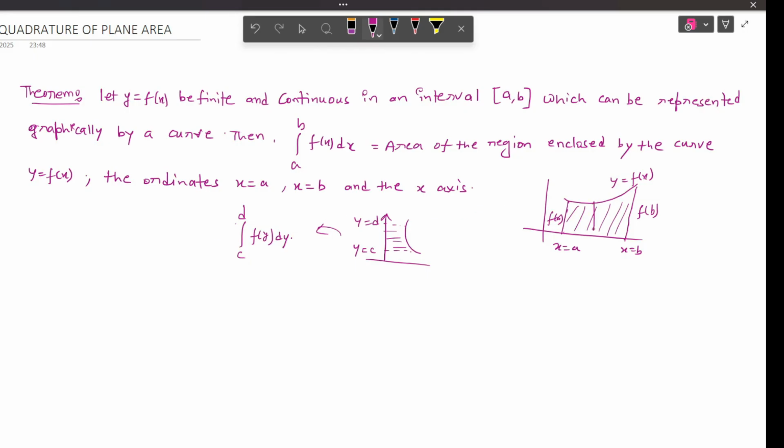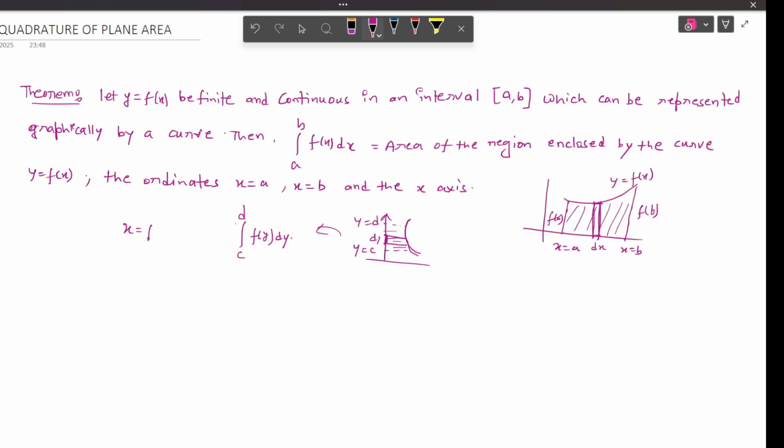Here we are taking this rectangle where this is your dx and this is the height of the function f of x. That's why it is length into breadth, and from a to b, because we need the total area. And if you notice here y is changing, so this is your dy, and this function is x equals f of y.